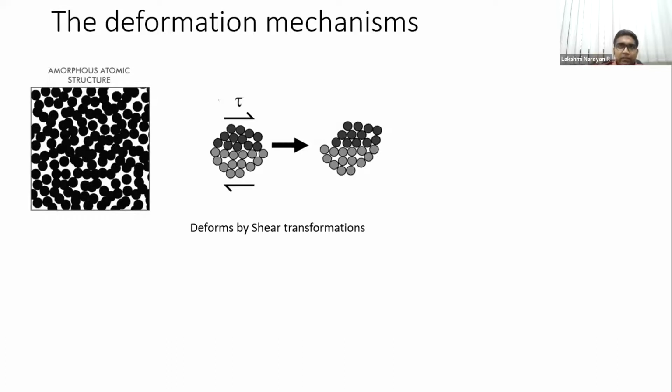And what really happens here, the deformation is very simple. You have a cluster of atoms, and to cause deformation, the top part of the cluster will have to move over the bottom part of the cluster. For that, you need some expansion, because whenever you are in a crowded atomic structure and you want to shear a cluster in a particular direction, you need to create additional space.